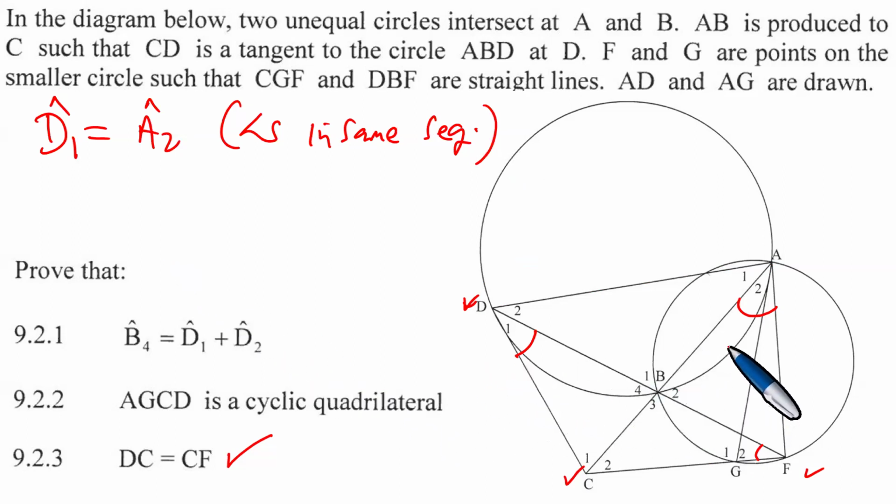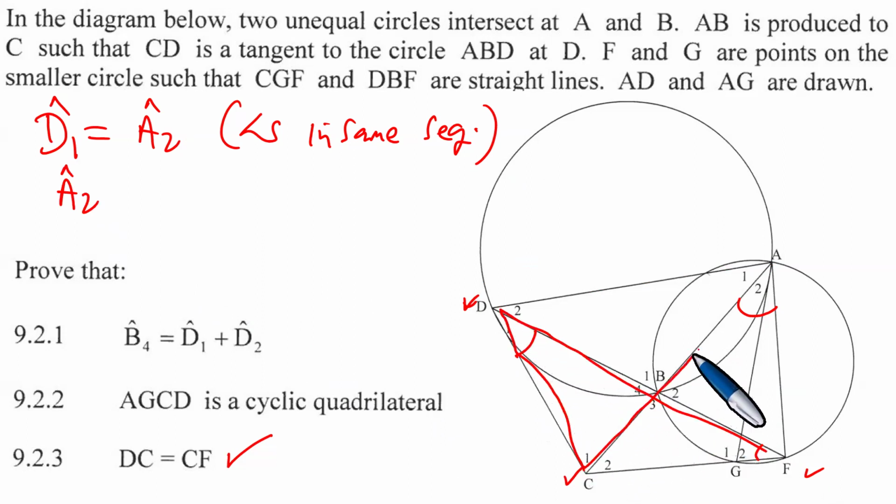Moreover, angle A2 is equal to angle F, because of this. So this angle here is equal to this angle there.